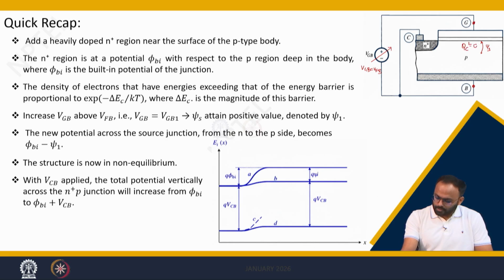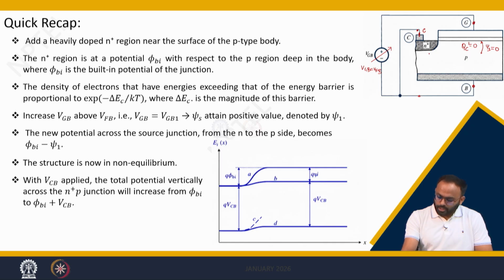So, QC dash is equal to 0 and psi s is equal to 0. At that moment we said let us introduce another terminal, which is the contact, and connect a voltage to it. We started our analysis with the baseline understanding of what will happen if this contact and body are shorted.